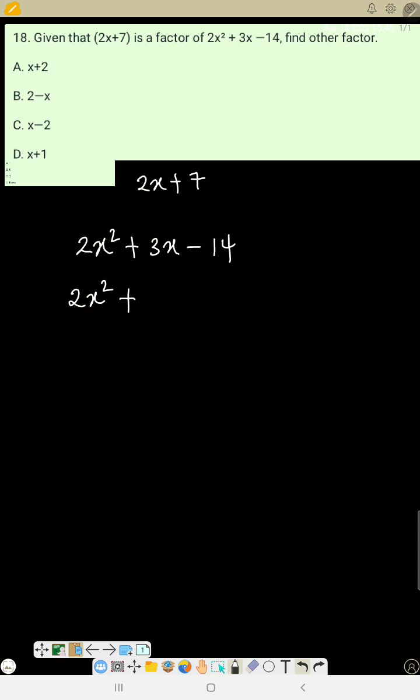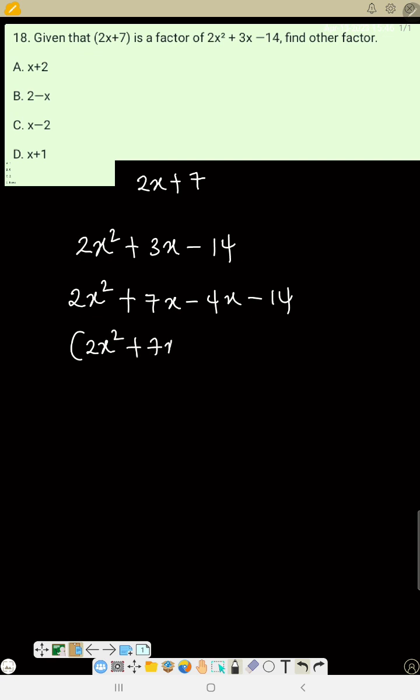So 7 times 4 is 28. Watch my video on quadratic equations so you will understand this better. So that will be plus 7x minus 4x minus 14.